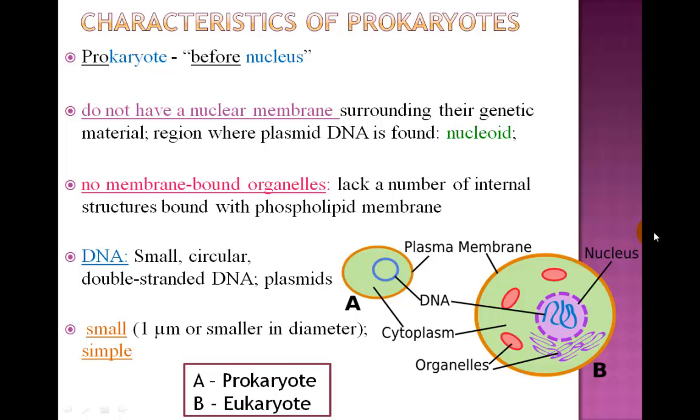Prokaryotes also have no membrane-bound organelles in their cytoplasm, such as the mitochondria, or in other words, they lack a number of internal structures that are bound with a phospholipid membrane. The DNA, or the chromosome, of the prokaryotes is small and circular, double-stranded.